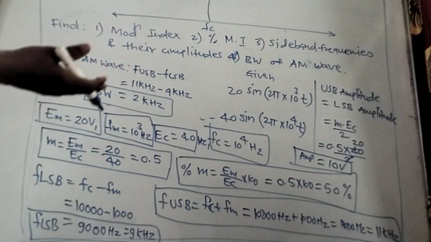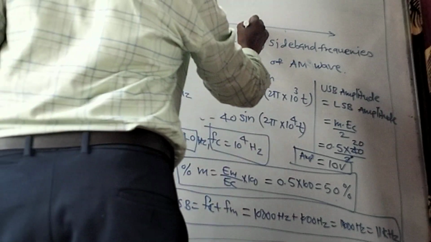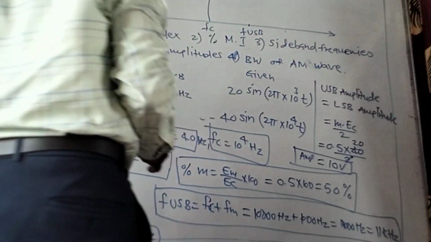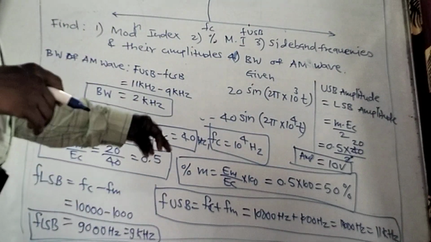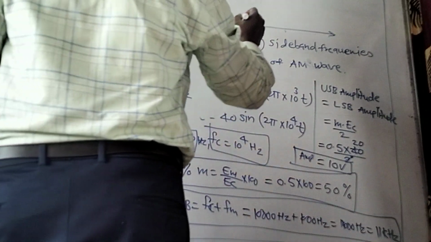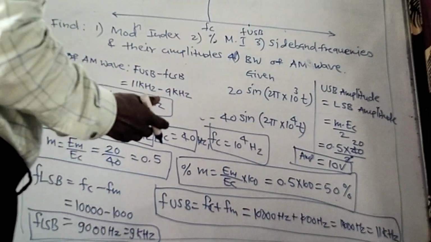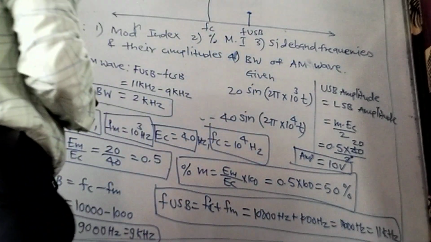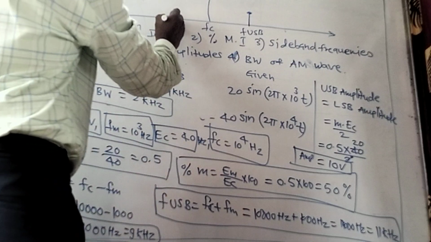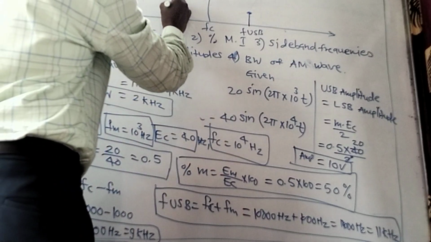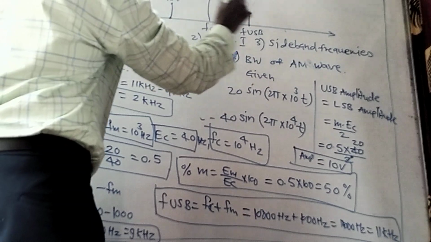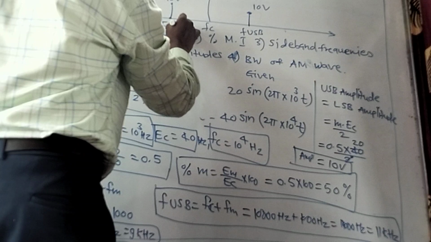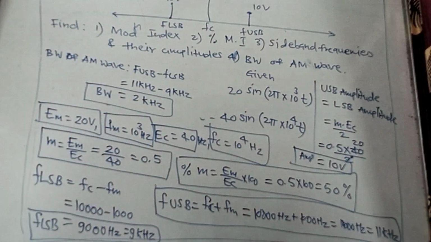Then the upper sideband frequency FUSB is 11 kilohertz, and its amplitude is 10 volt. Similarly, FLSB, its amplitude is again 10 volt. This is FLSB.